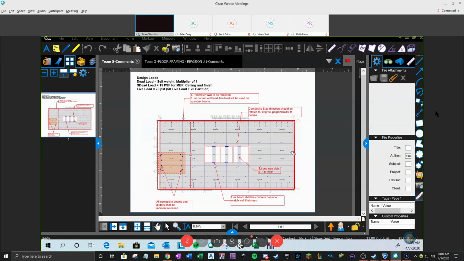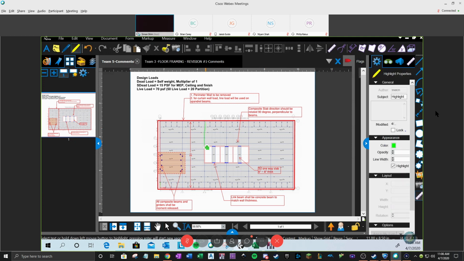So now the question is, what about the exterior, like the spandrel? This could be, first of all, not like the interior girder.